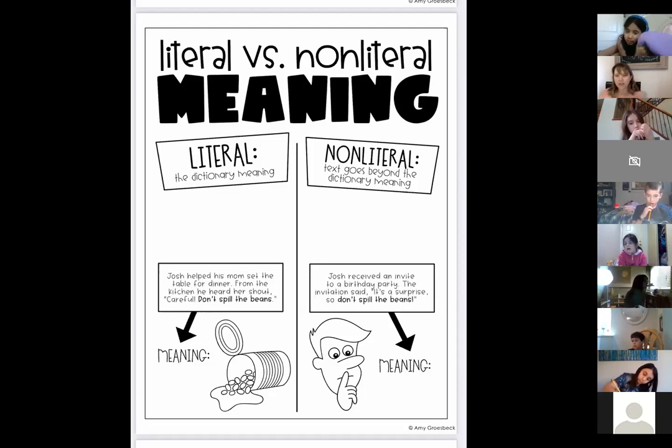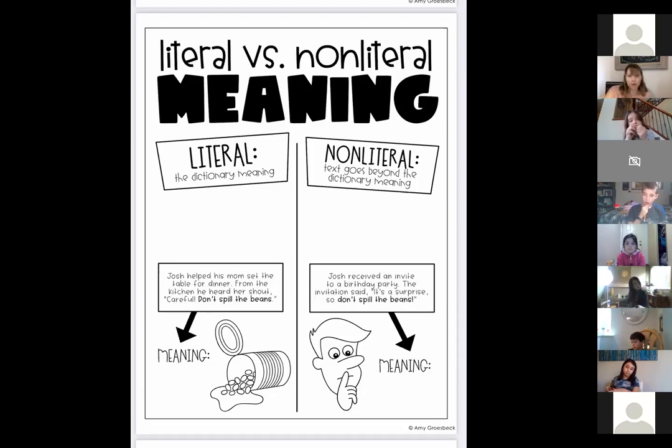It means to not tell somebody something. So that's the difference between a literal meaning and a non-literal meaning. When you are reading something, you have to know when an author is literally meaning something or not literally meaning something. Okay?